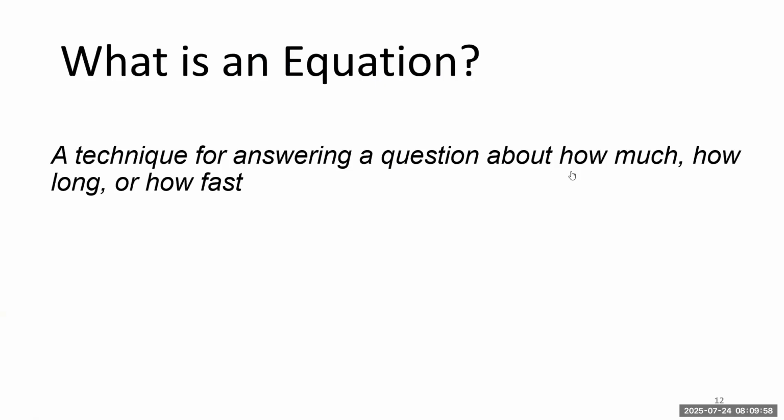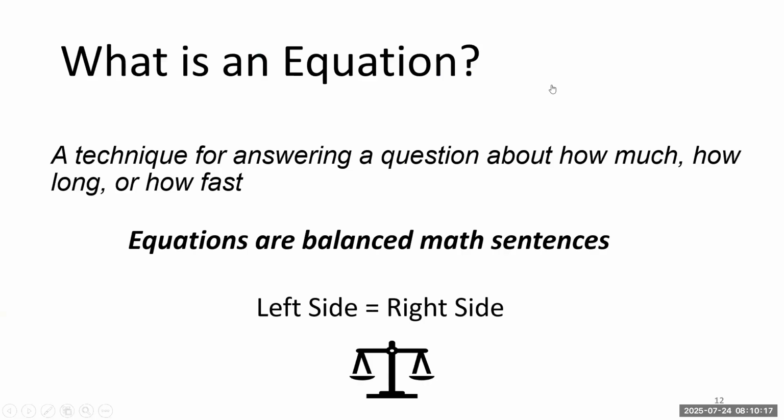So what is an equation? An equation is really a technique for answering some kind of question about how much of something you have, how long something is going to take, how fast it's moving. And that's at the base what it is. And if we think about math as a language, with numbers being symbols for some kind of idea or concept that we're trying to solve for, then an equation is like a sentence, and it's a balanced sentence.